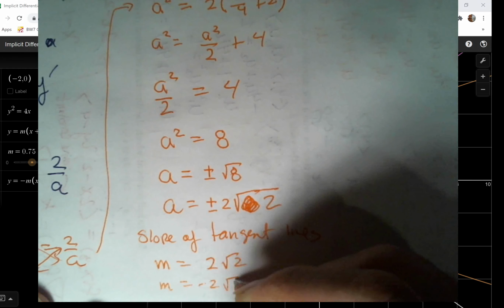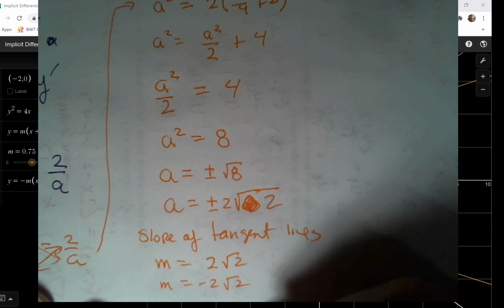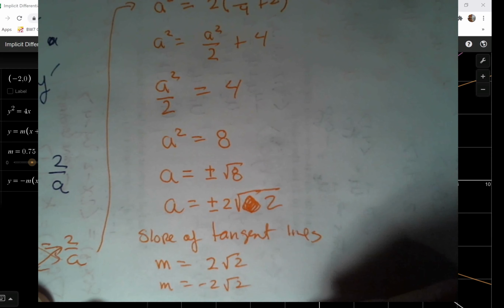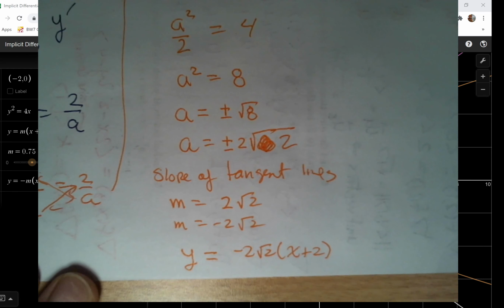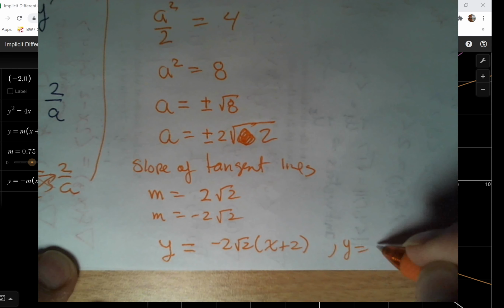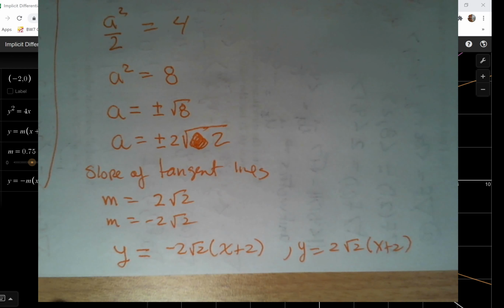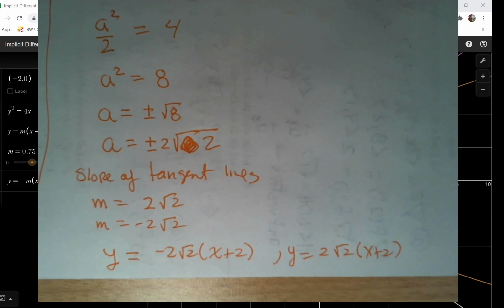So our equation reduces to y equals negative 2 root 2 x plus 2, and also y equals positive 2 root 2 x plus 2. So those are my two equations of the tangent lines. So let's take a look.